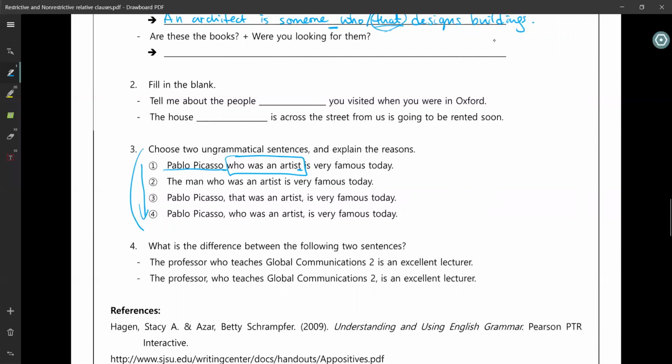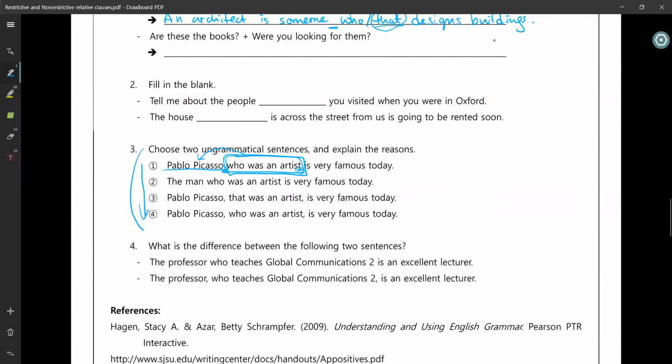All right. So again, this one is not possible because we don't have commas, which means that who was an artist is absolutely necessary information to talk about Pablo Picasso. Now, how many Pablo Picassos do you possibly know? It's a common sense that Pablo Picasso is a guy who is a very, very famous artist.